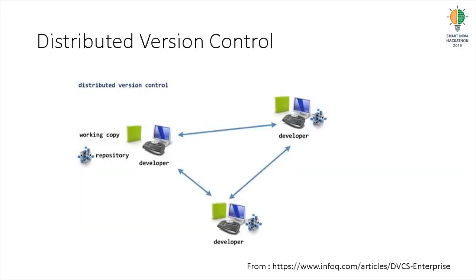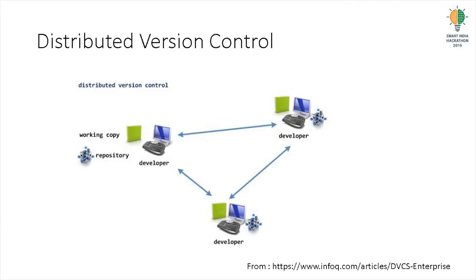Git is a distributed version control system. What it means is, in a typical centralized version control system, only the central server has the copy of the entire history of the repository. All the various previous versions, the tracking of the information and the history database is located at the central server.